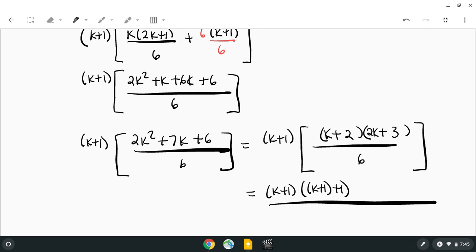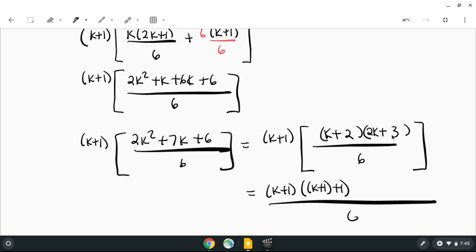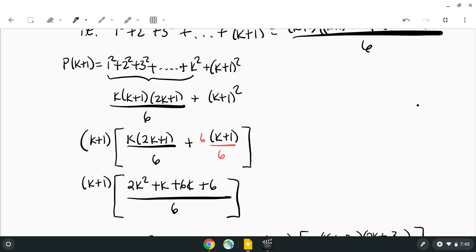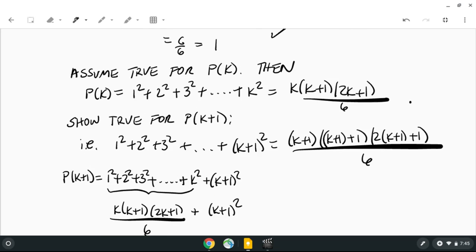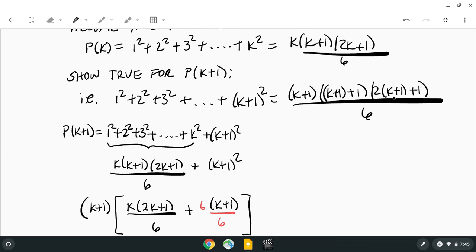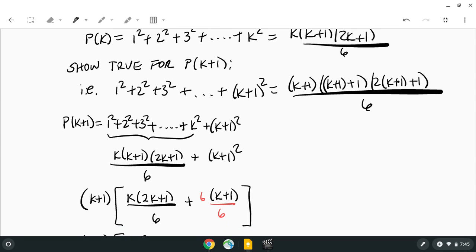And we do have the 6 part as well. All right. And let's take a look at this one, 2k plus 3. And we want it to look like this. Does this equal 2k plus 3? 2k, 2 plus 1 is 3. 2k plus 3.